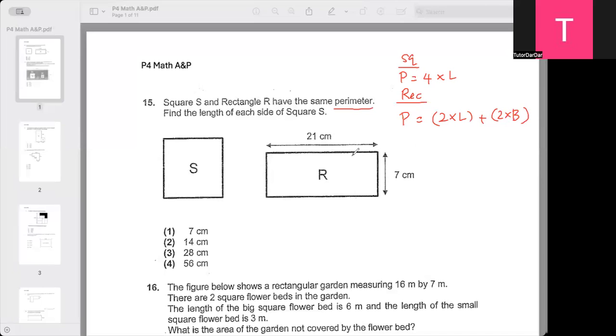Now, let's look at this. We know the length of the rectangle, and we also know the breadth of this rectangle.